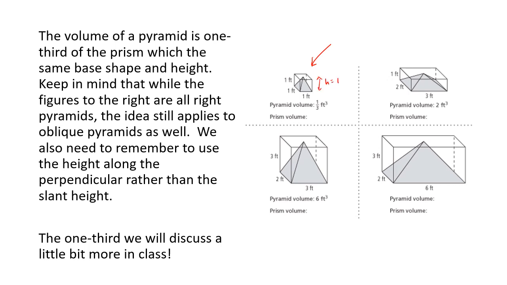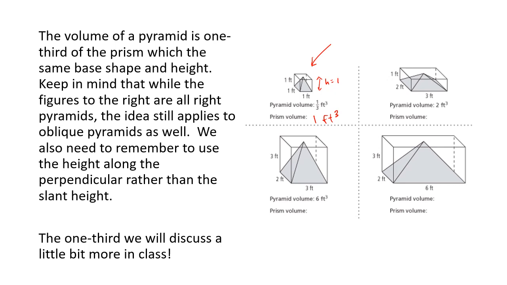And so we could put it inside this rectangular prism, or in this case a cube, that has this 1 by 1 square base and a height of 1. And so we could find the volume of that prism. The volume of the prism would be 1 cubic foot. And so the pyramid then is going to be 1/3 of that.